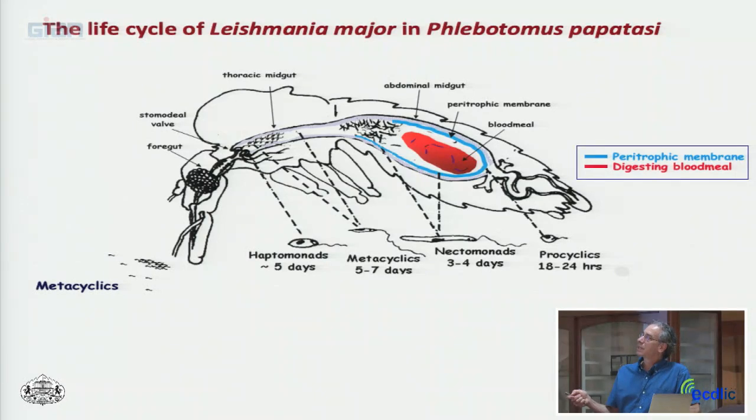So this is just a schematic of the life cycle of Leishmania major in its natural vector, Phlebotomus papatasi. So we're going to look at successive days after the fly takes an infected blood meal. So only female flies take blood.